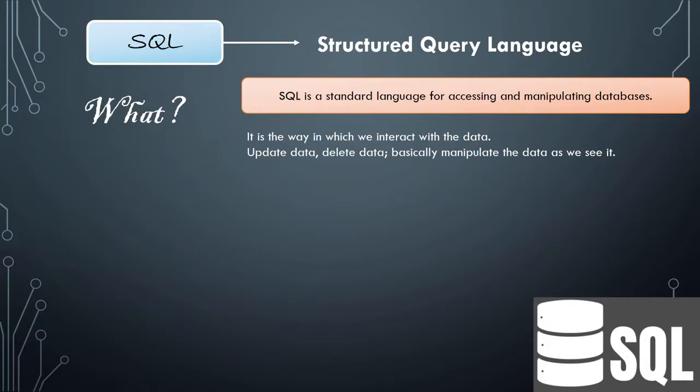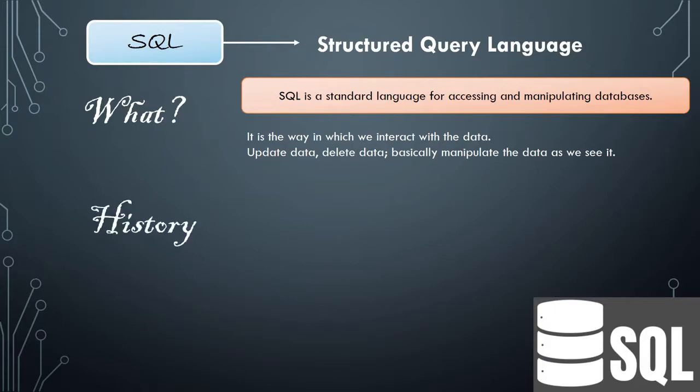Same case, to interact with the system, we need a language, which we popularly know as programming languages. So SQL is that kind of language in which we interact with the data, or you can say the system. It updates data, deletes data. Basically it manipulates the data. Manipulation means you are updating, deleting on records or rows.